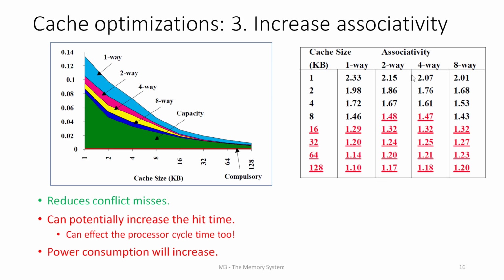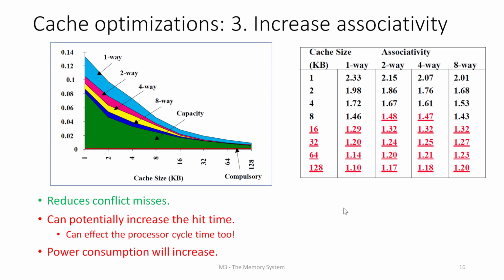For example, for a 4 kilobyte cache, if we want to consider two-way, then 1.67 would be the AMAT. Beyond that, if we increase the cache size, or beyond that, if we want to increase the associativity, then the benefit we are going to get is limited.